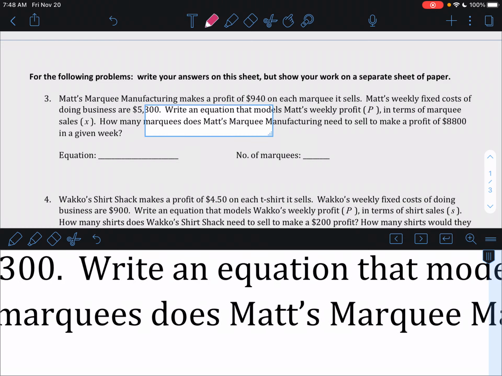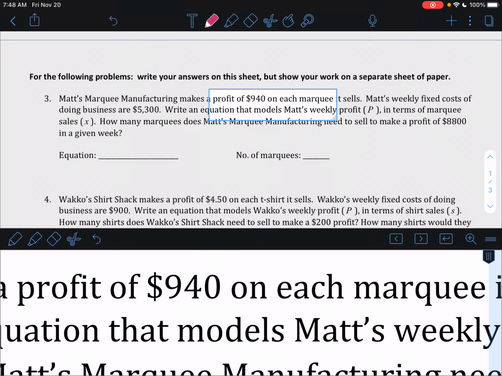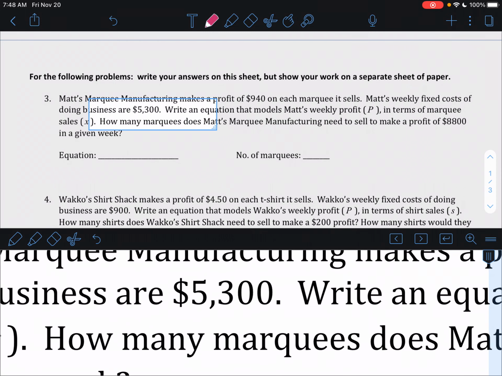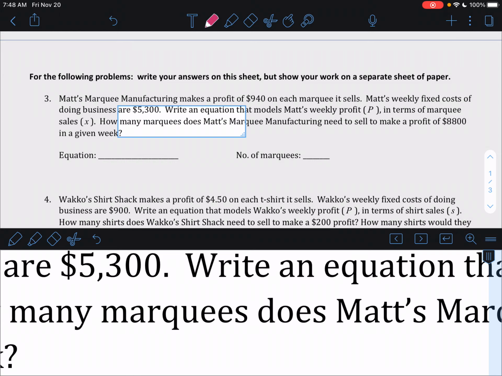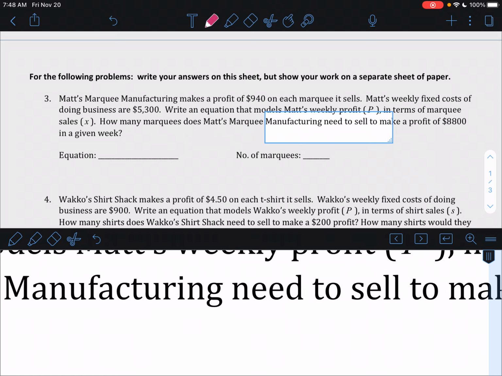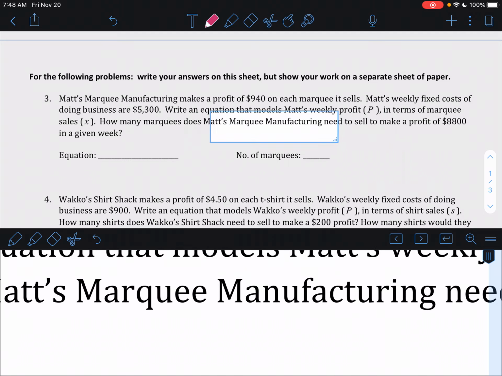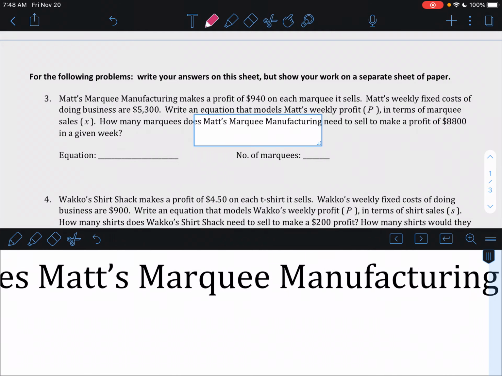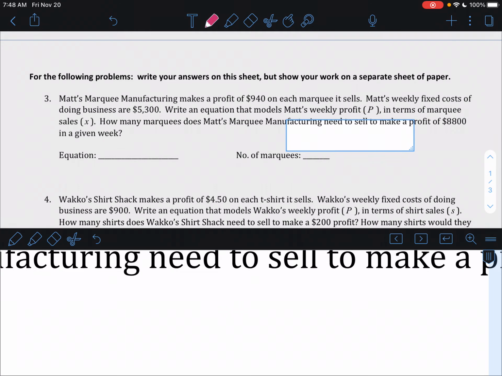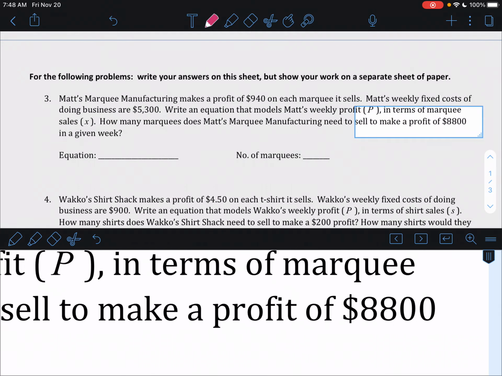Okay, for number 3 here, 940 on each marquee. Fixed costs of doing business are $5,300. Then it wants you to write an equation. But then the question it asks is how many does he need to sell to make a profit of $8,800?